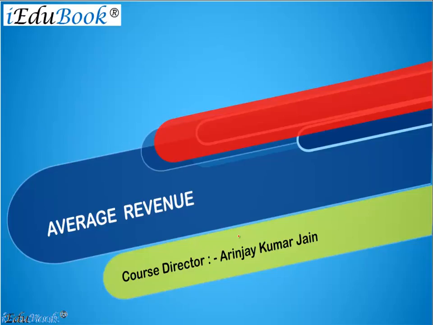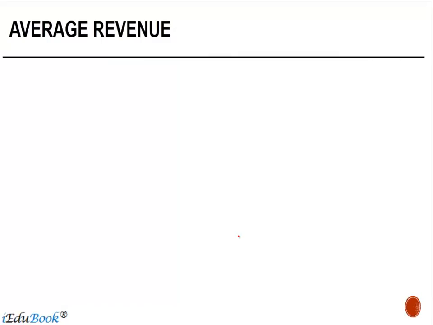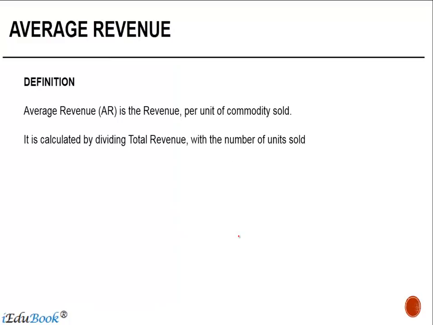Right? Okay, let's look at average revenue. Average revenue is the revenue per unit of commodity sold. In the previous example, we said if we are selling goods at rupees 70, 3 units, right?